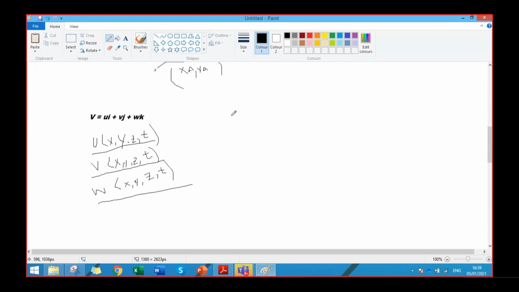Or if I simply write u is equal to, let's say, x square plus y plus z cube by 2, and z cube is multiplied by t as well. So this is the u. Similarly, v can be another function. Let's say that is x square t plus z. There is no y involved, let's say.